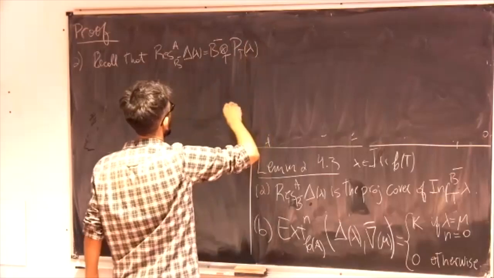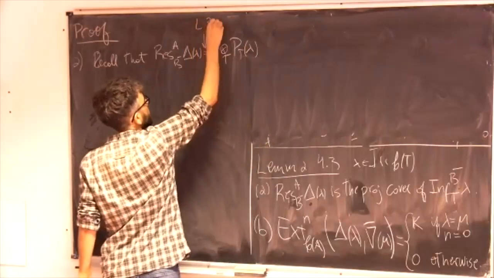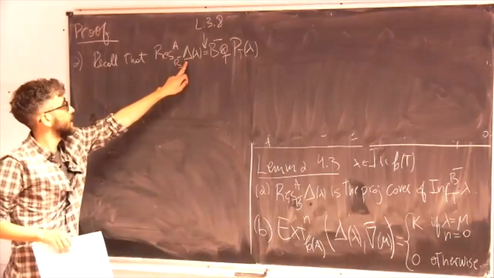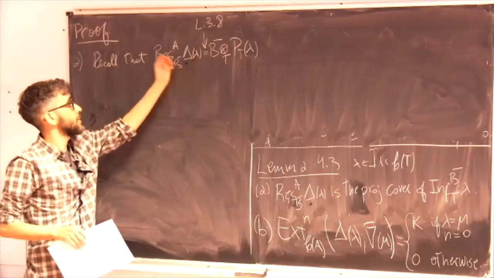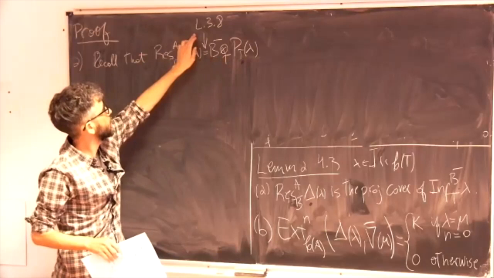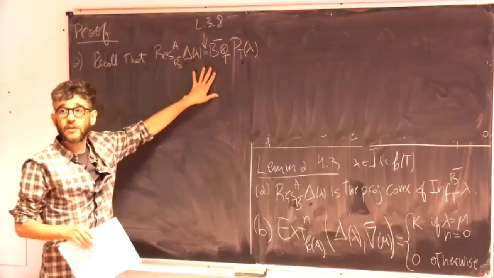This is because of lemma 3.8. Because here the standard of lambda is the proper standard of this projective module, so we can use lemma 3.8 to see that as a B minus module we have this isomorphism.